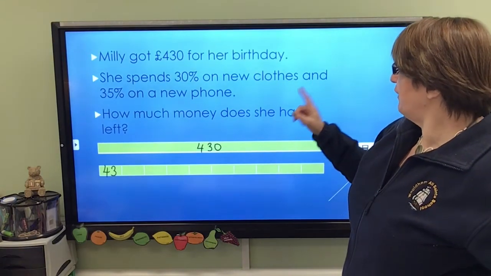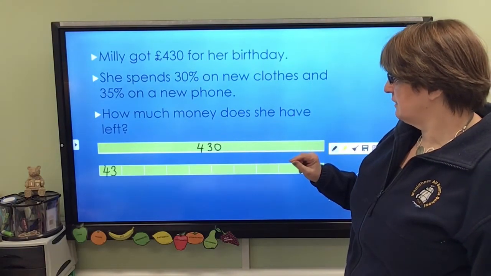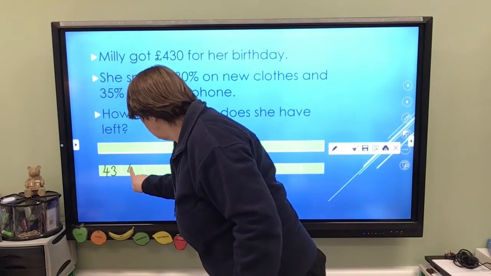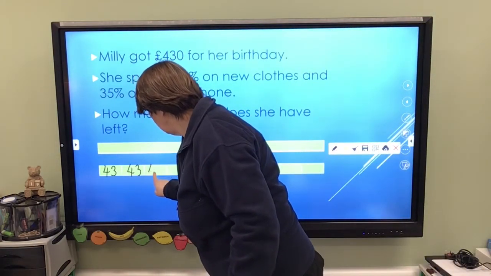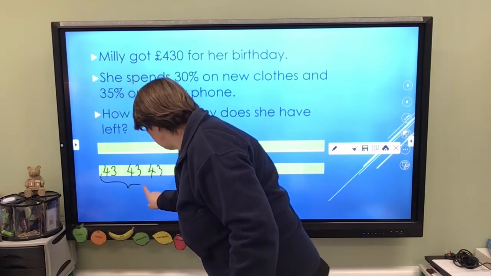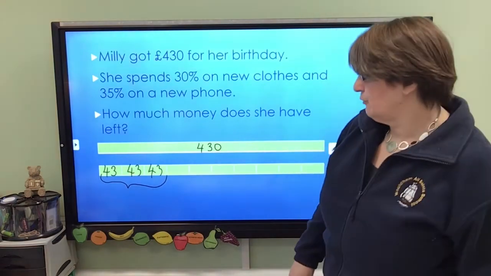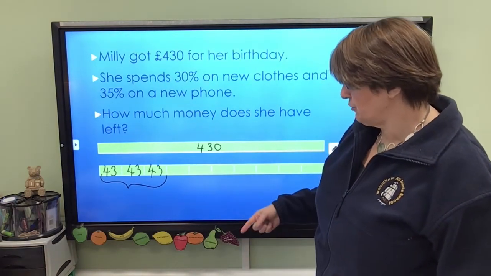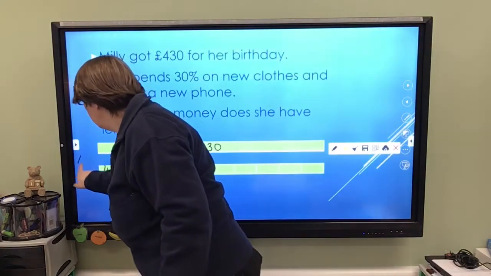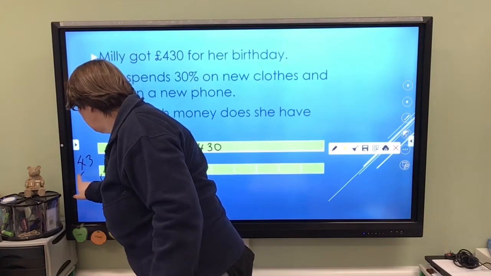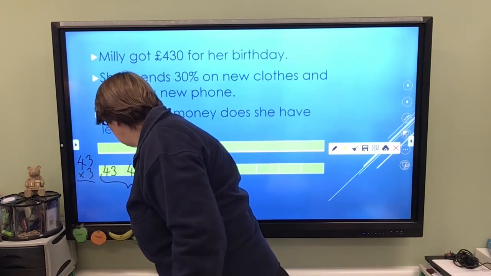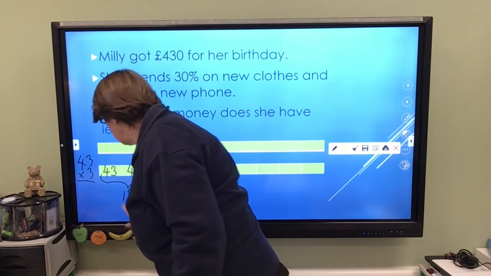Now, she spent 30% on new clothes. So that was spent on new clothes? 43, 43, 43. So we can times 43 by 3 and we'll get the answer £129.